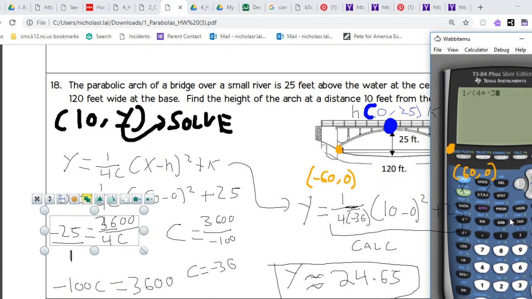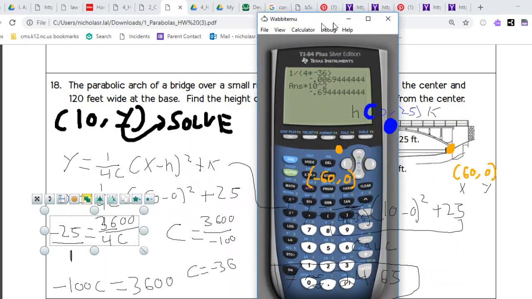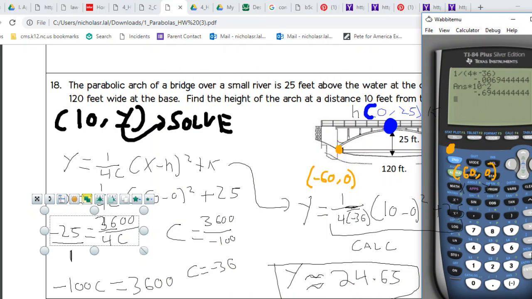Multiply that by 10 squared, which is 100. And then after that, add 25. So that's 24.305. So 1 divided by 4 times negative 36, times 10 squared, plus 25.